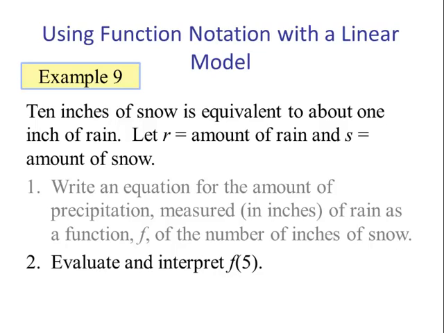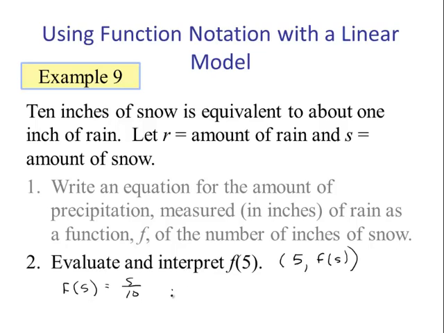Number 2, evaluate and interpret f of 5. So when the amount of snow is 5 inches, we want to know how much rain is there. To evaluate this, we use our function s divided by 10.